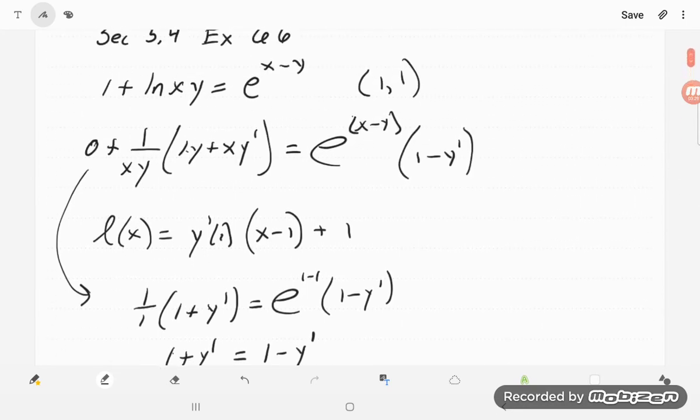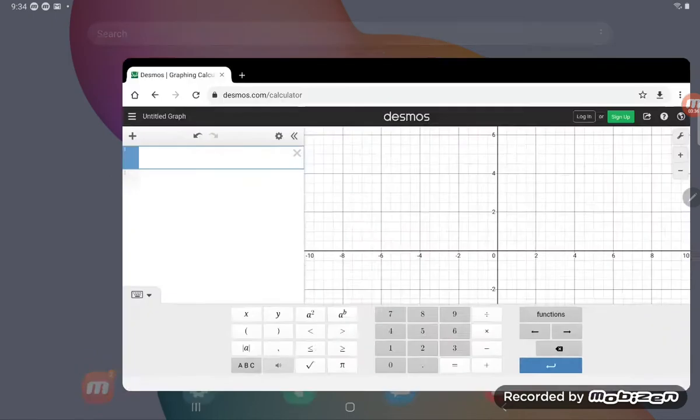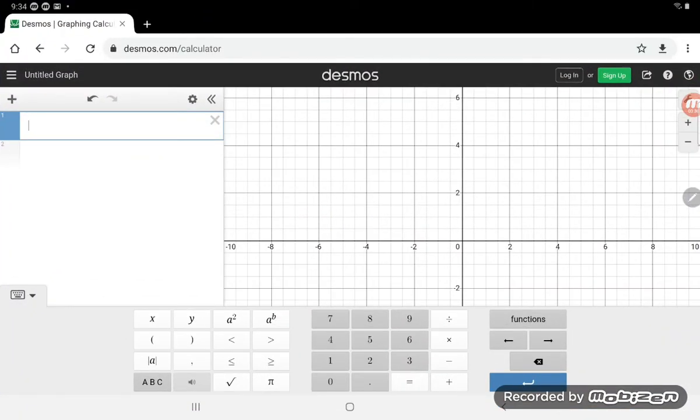It says plot this stuff and let's see. Okay, so I'm going to go to Desmos and plot that thing.